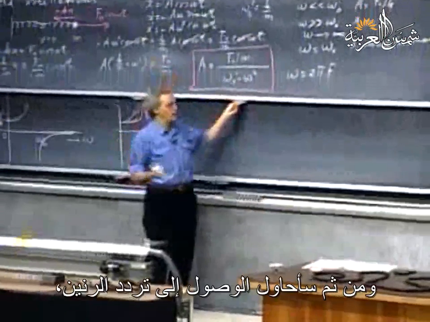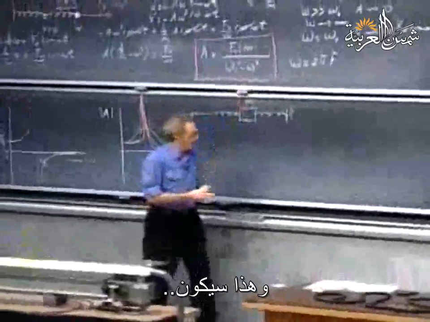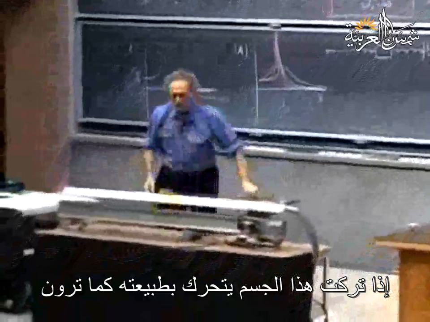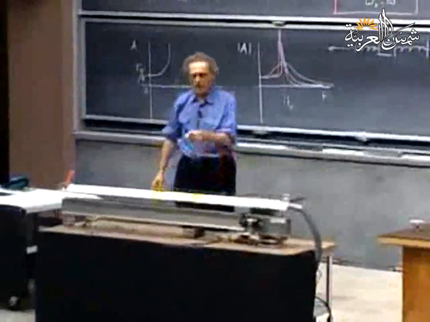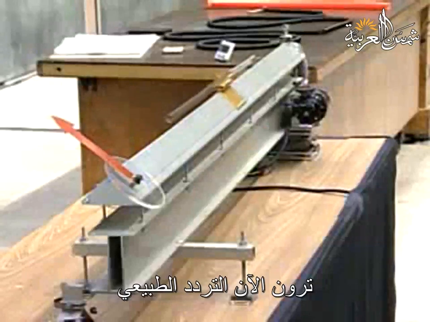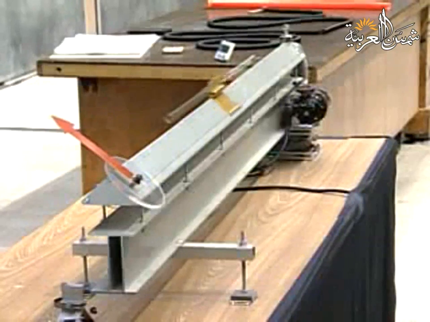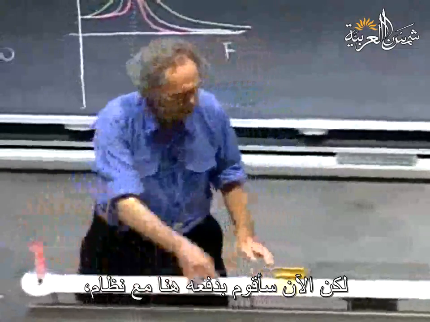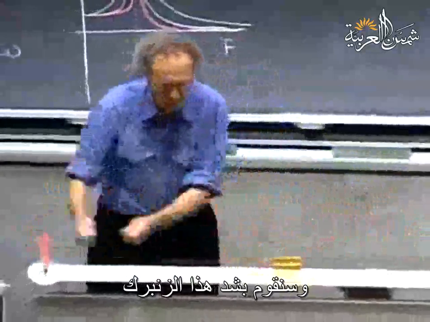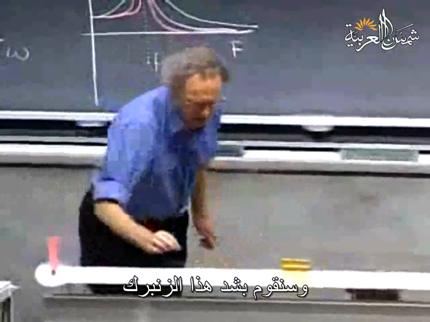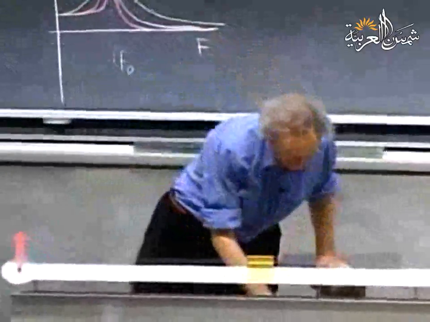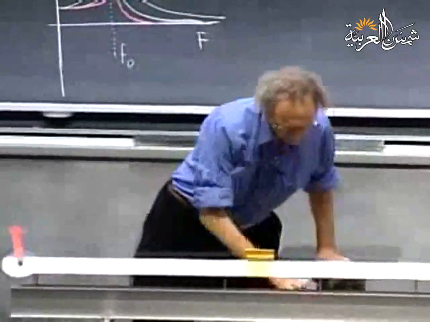And then I will try to hit the resonance frequency, which is about 1 hertz. If I just let this object do its own thing, now you see the natural frequency. It's about 1 hertz. But now I'm going to drive it with the system, and we're going to pull on this spring with a frequency that we control. So let me start.